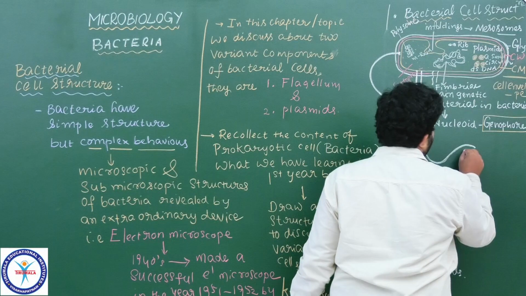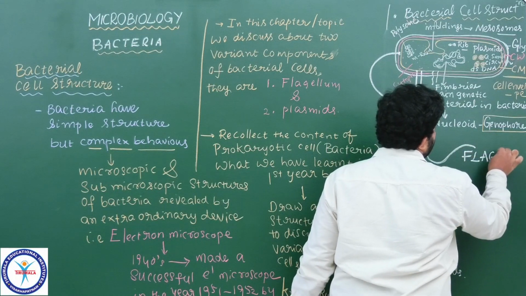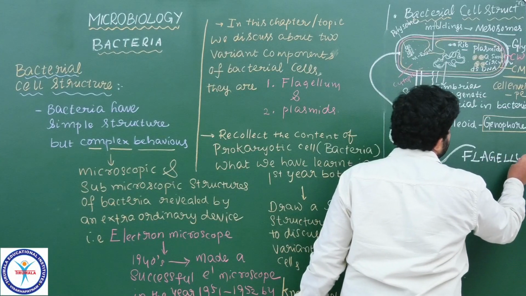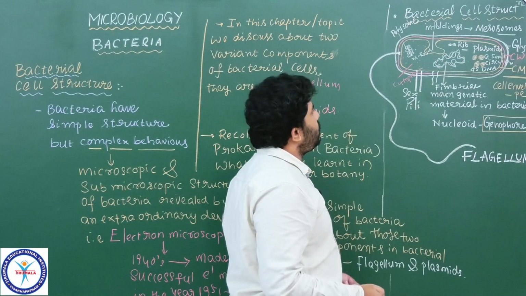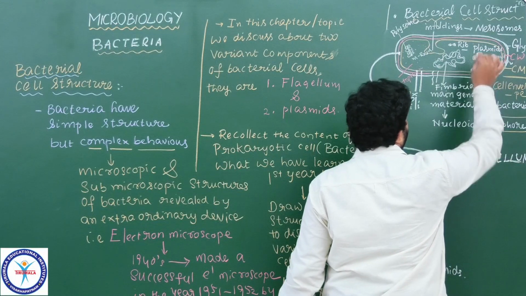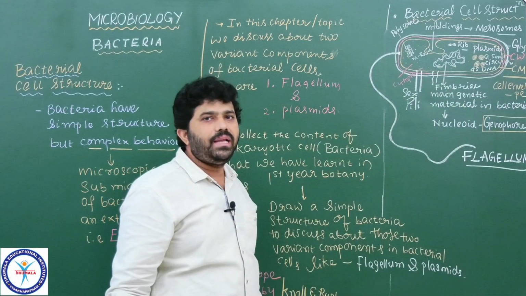What is this structure called, students? Flagellum. You already discussed it in the first year. So now we have discussed the very important variant components in the bacterial cell, like plasmids and flagellum. Now you all please put the heading.